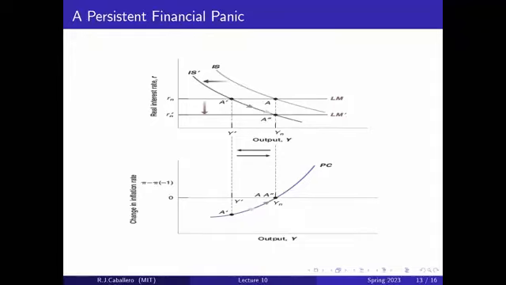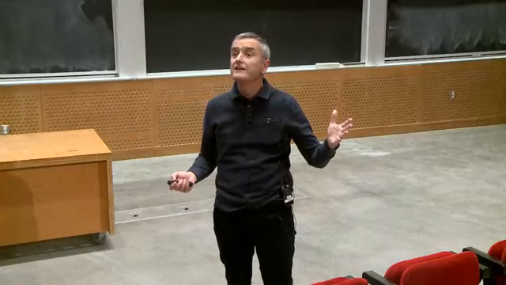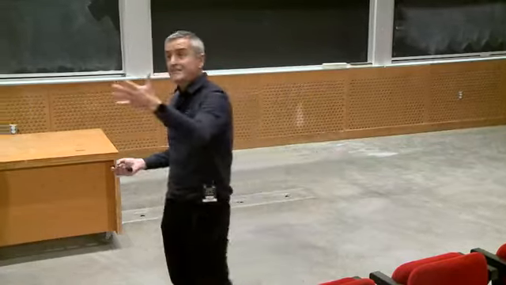Why is that? For any given level of the safe real interest rate, a panic, a shock to credit and so on, moves the IS to the left. Why? Exactly.